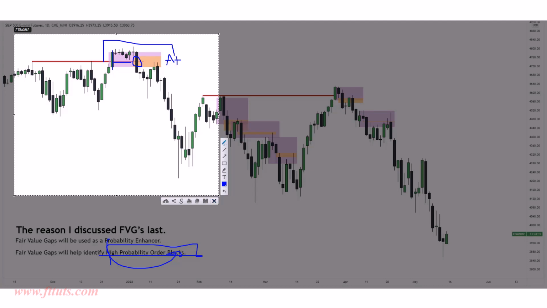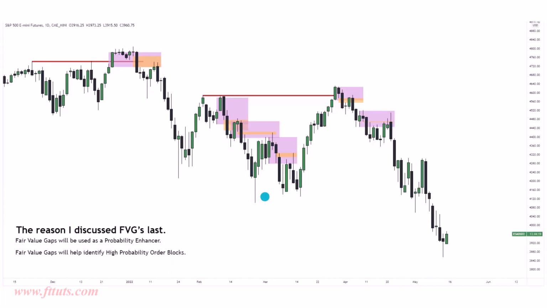Okay, and now since we're focusing on bearish institutional order flow here, we're focusing on up candles to create new selling opportunities. So you can see here, up candles form an order block here. Since this order block has a fair value gap with it, that's a high probability order block. So you can look for sells there.